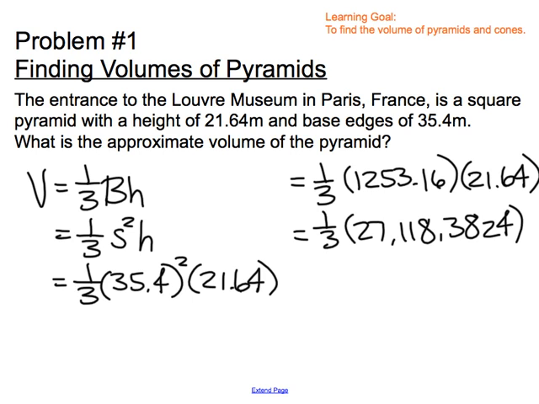And finally, dividing this number by 3, we find that the approximate volume is somewhere in the neighborhood of 9,040 cubic meters. So this is in fact a very large pyramid.